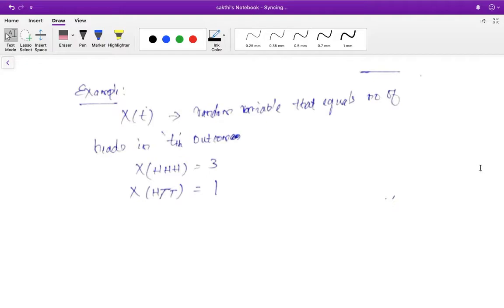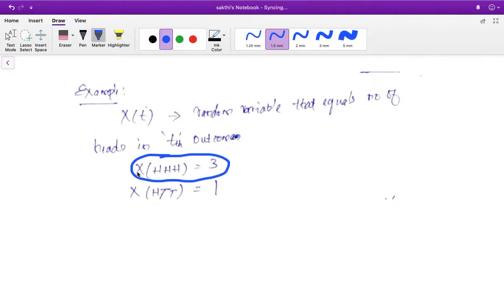Suppose you are tossing the coin 3 times, and the random variable is going to map the number of heads that you get out of those 3 tosses. Suppose all 3 times you get heads.